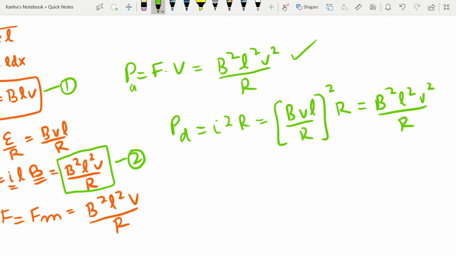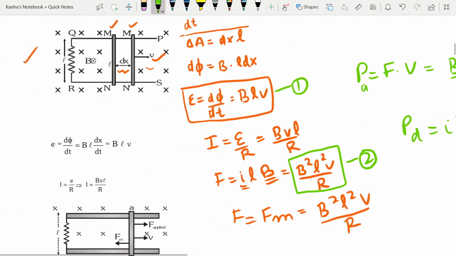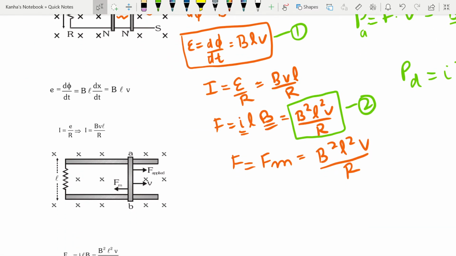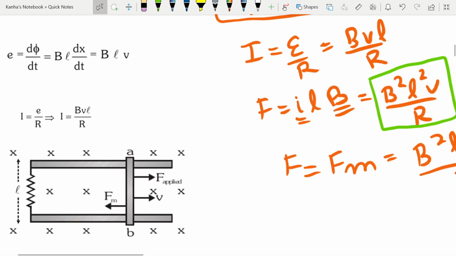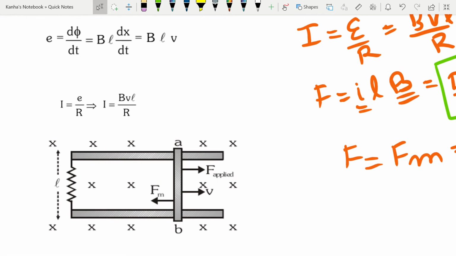That the power of the applied force is equal to the power that is dissipated in the circuit due to the resistance R. Okay. So what we can do is we can just replace our figure by a simpler one that I have kept here.